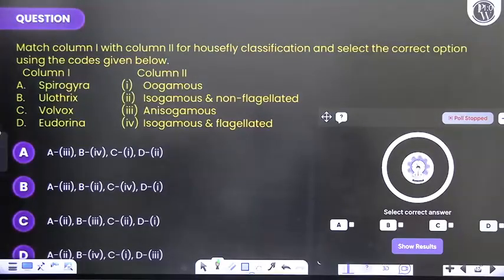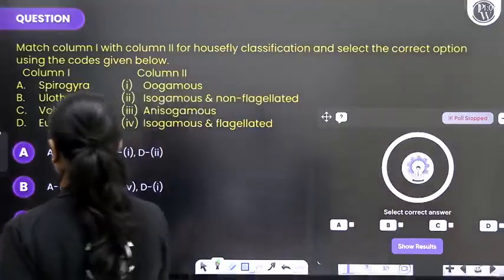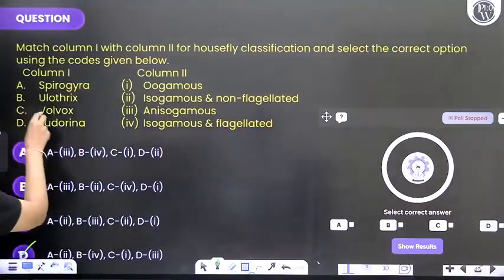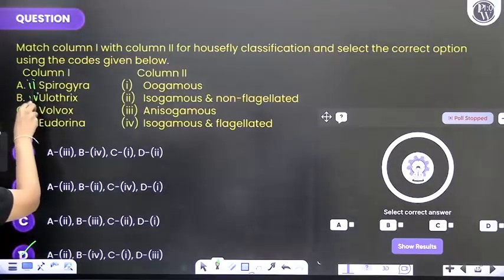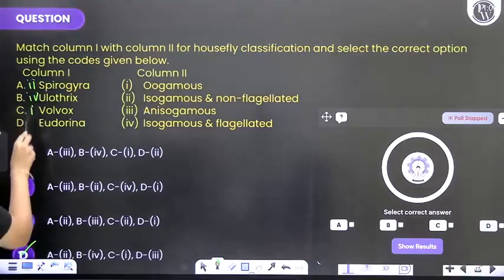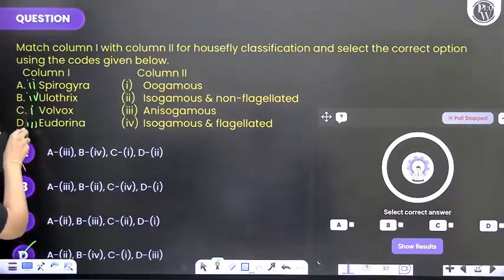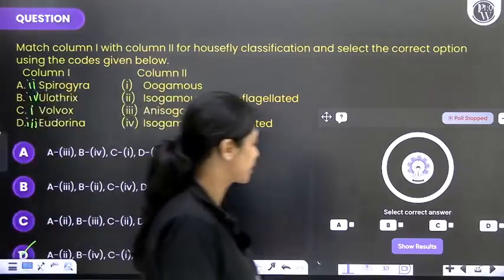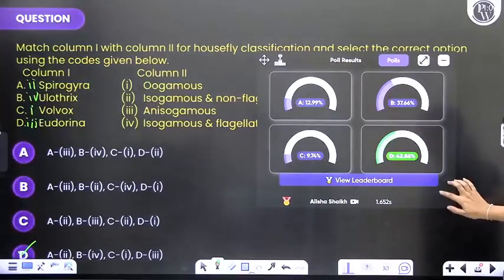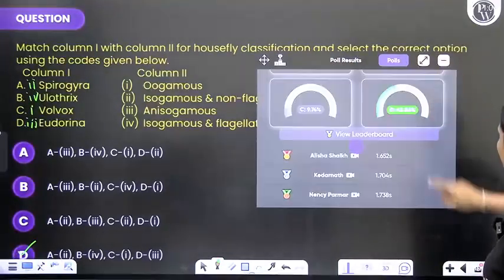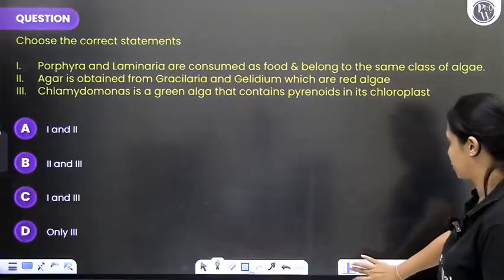B, many people are saying, some are saying D. The correct answer is D. A2, B4, C1, D3. 43% only. Alicia, Kedarnath, Nancy, top 3. Next question.